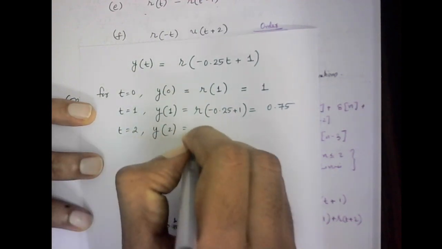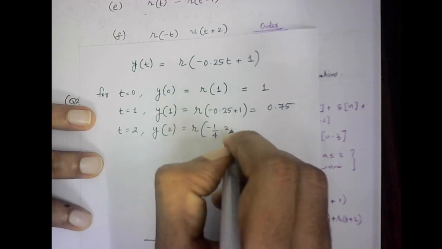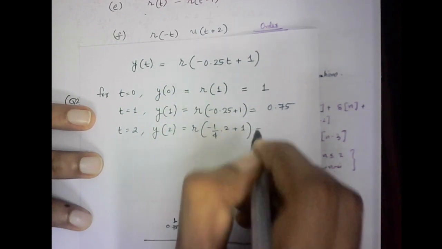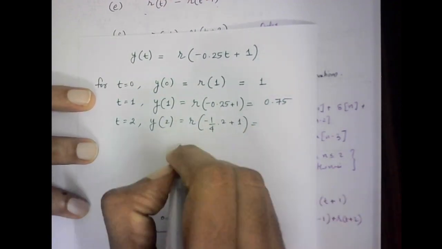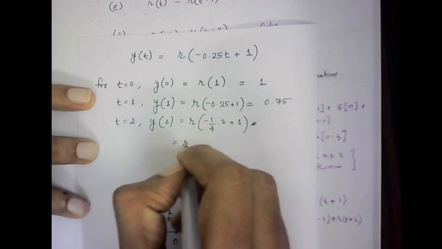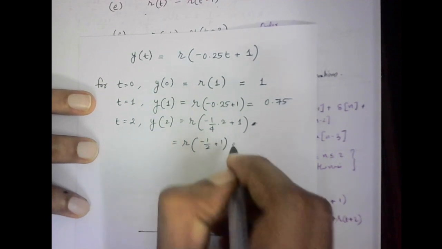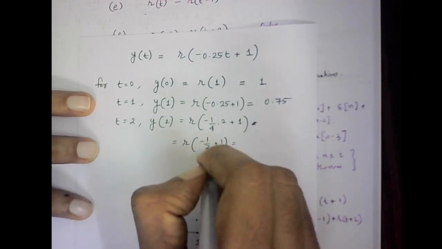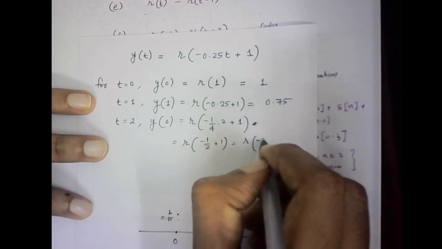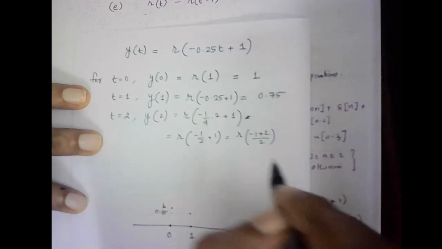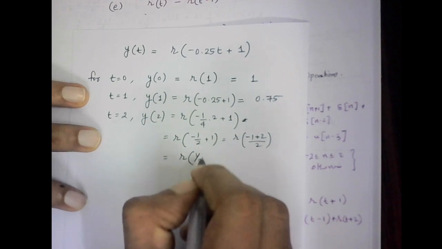Y of 2 is equal to r of minus 0.25, that is minus 1 by 4, into 2 plus 1. What is that? So this is r of minus 1 by 2 plus 1, which is minus 1 plus 2 by 2, which is equal to r of 1 by 2.